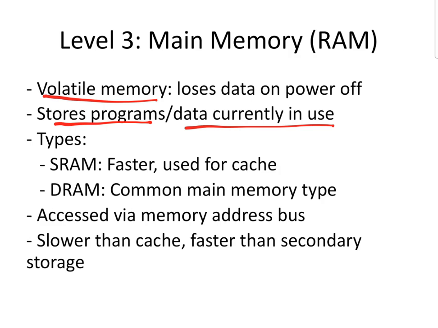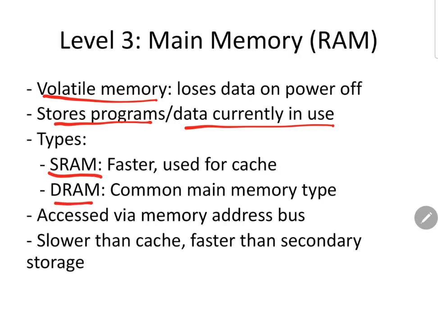Then RAM is slower than cache memory. Cache is faster but RAM is slower, but it is faster than the secondary storage. So in the pyramid you might be seeing that it is below the cache but above the secondary storage. That means it is faster than the secondary storage but slower than the cache memory. In RAM we have two types, SRAM and DRAM.